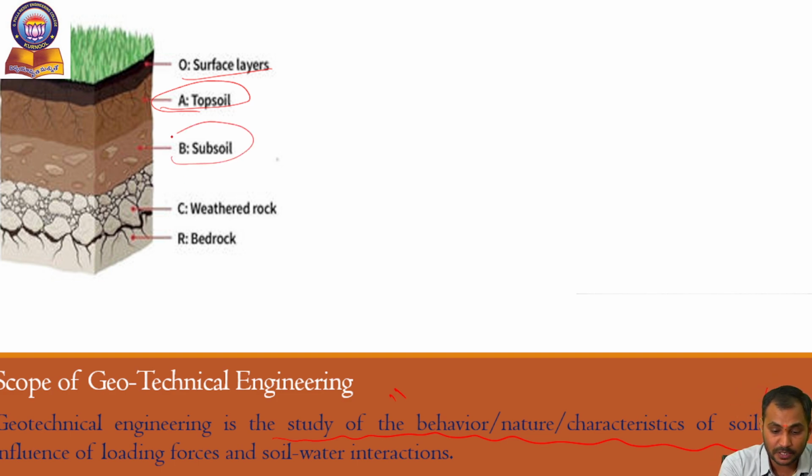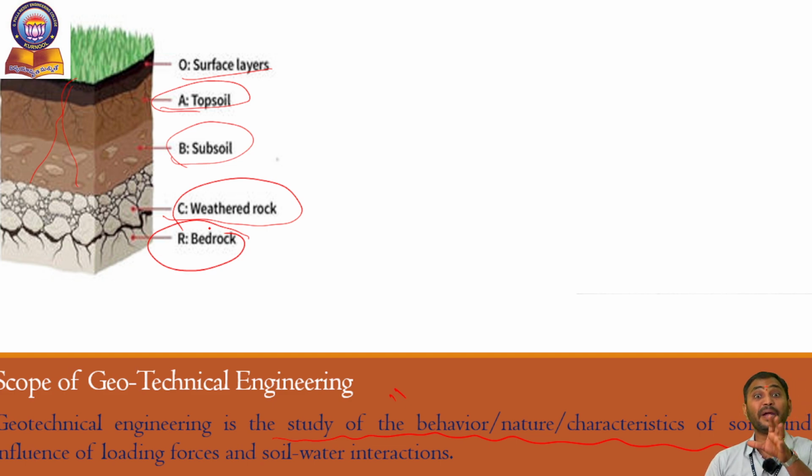Next, subsoil, where the roots of trees spread up to the subsoil layer. Next, weathered rock, where rock particles are present. And the last layer is the bedrock, the entire parent bedrock.